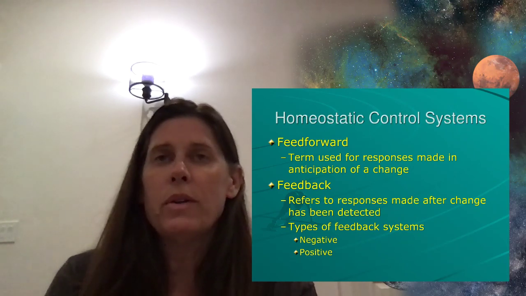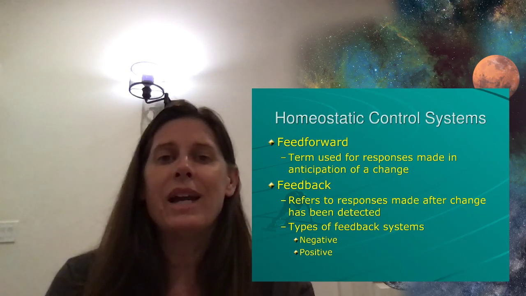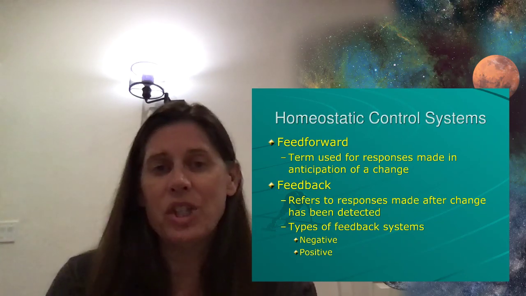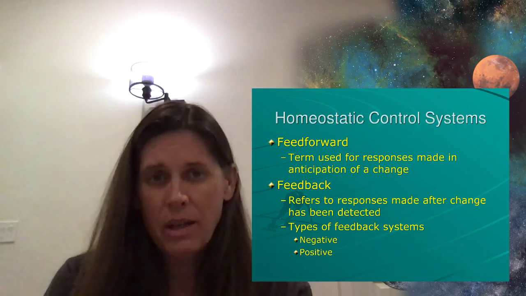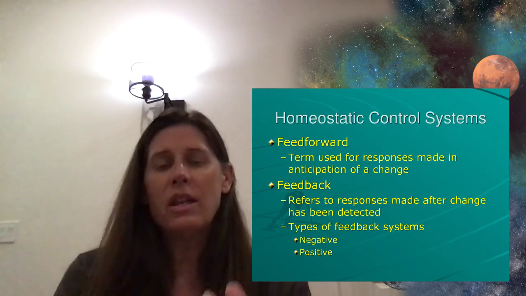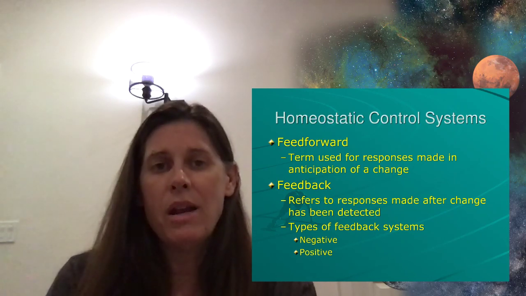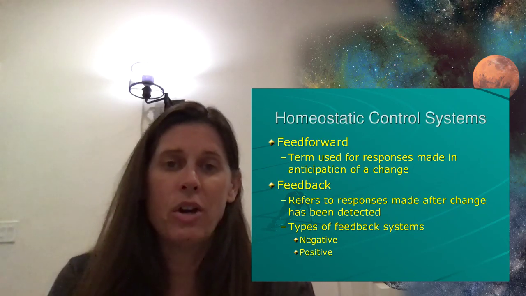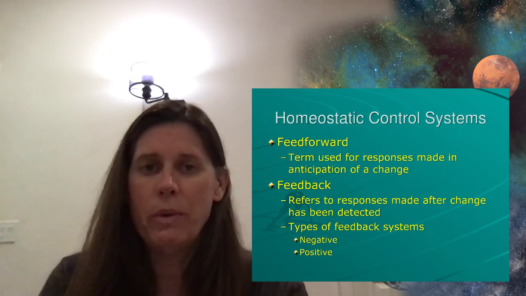Feed forward is the term we use when your body is anticipating that a change is going to occur. That change hasn't happened yet, but signals are coming in that are preparing your body for a possible change occurring. Okay, so let me give you an example and then I'll tell you why we do this.